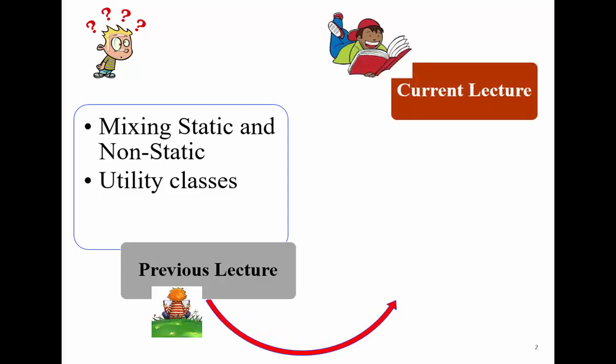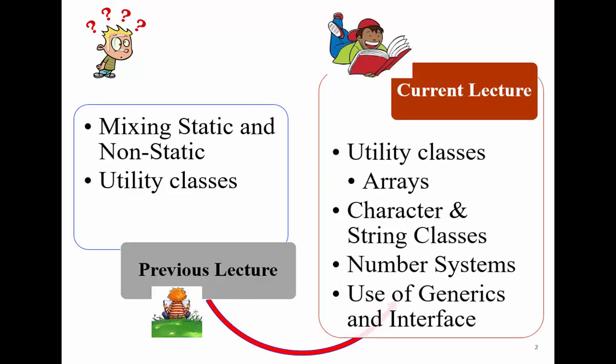Now, what we're going to cover today is a list of very long topics, but I don't think we're going to cover all of them, but we will try. We're going to revisit the utility class and finalize it. We're going to give an overview of the array utility class.